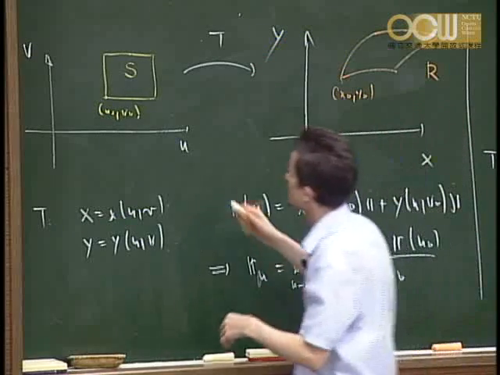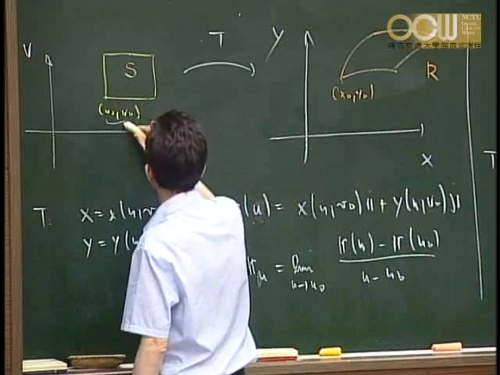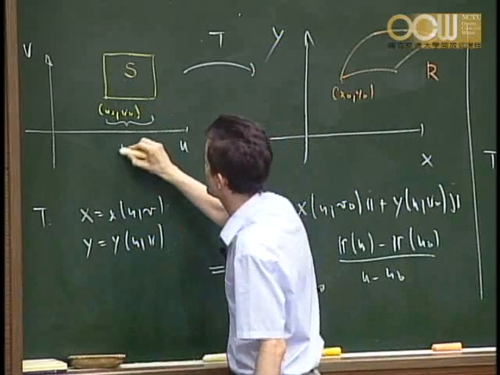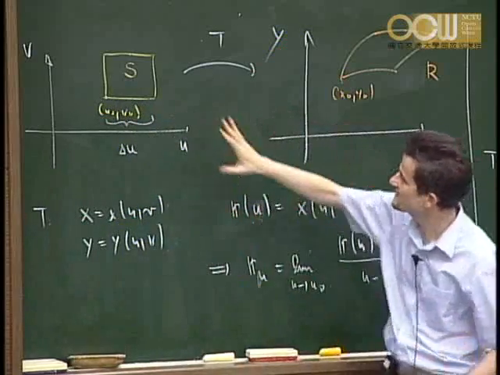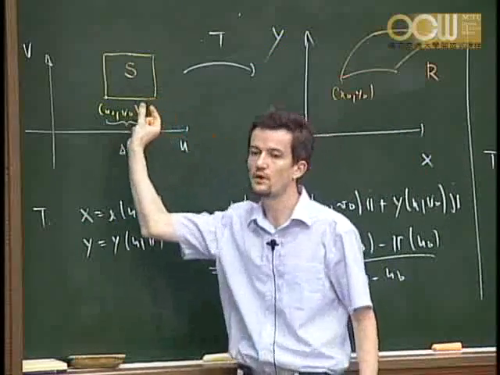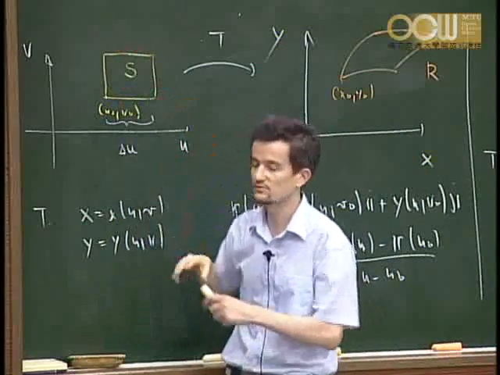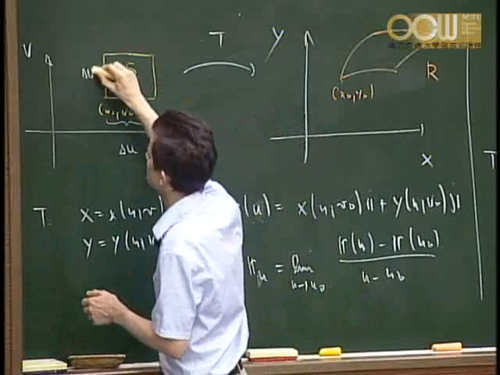What I want to do is consider a region that is a rectangle with both sides very, very small: this delta u, this delta v here.